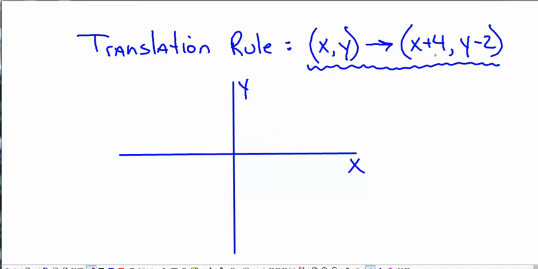Yes, sir. If you want to move up or down, if you wanted to move down on the y-axis, what do you have to do to the y values? You got to subtract from them. Okay? So that rule, add 4 to every x value, means move it to the right 4. Subtract 2 means move it down 2. Okay? Does that make any sense?